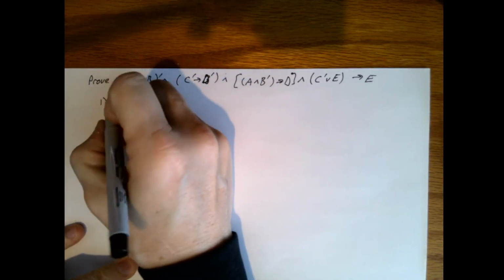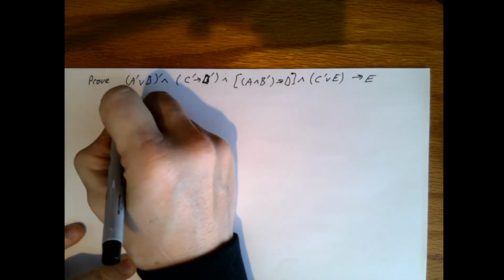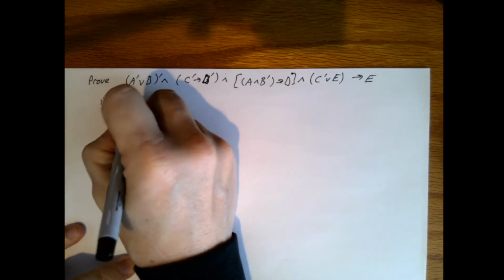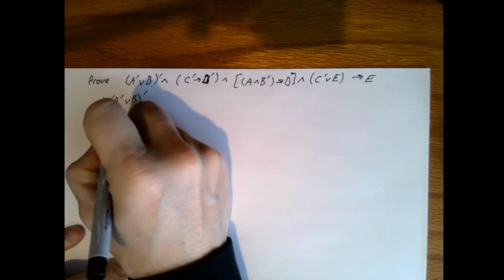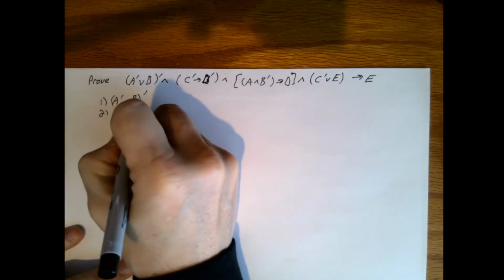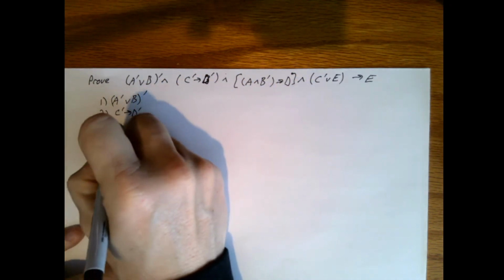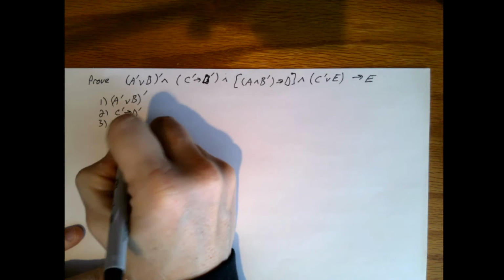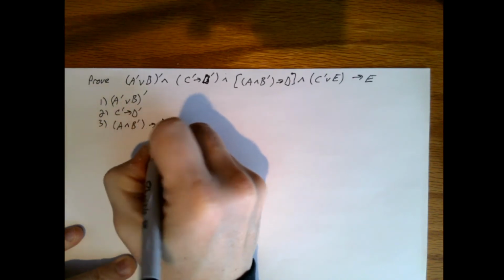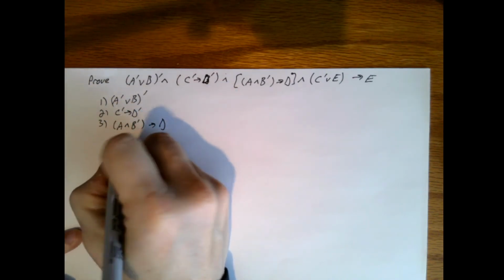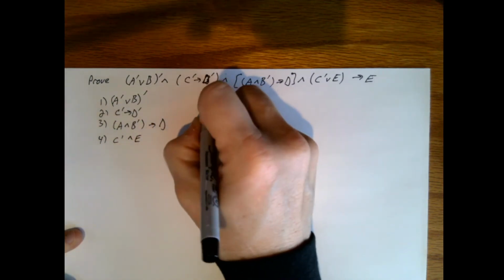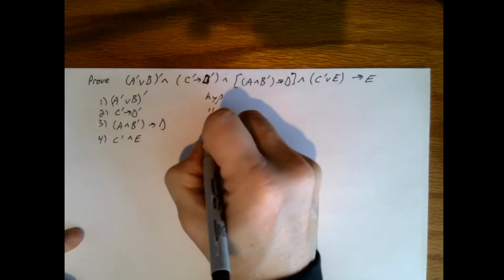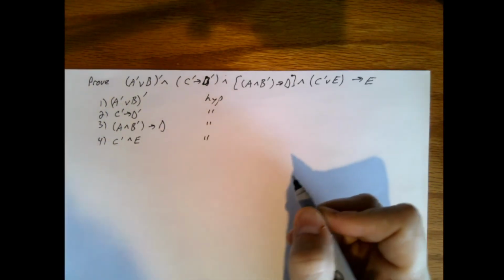So let's write our hypotheses. Not A or B negated. Not C implies not D. A or not B implies D. And then not C or E. Hypothesis, hypothesis, hypothesis, hypothesis.